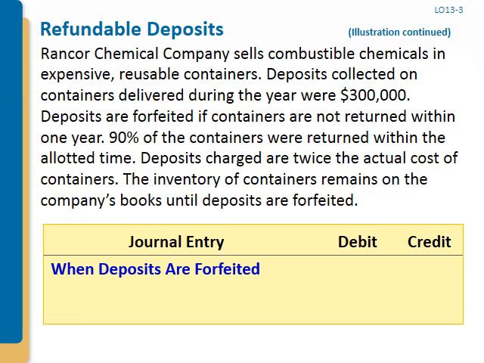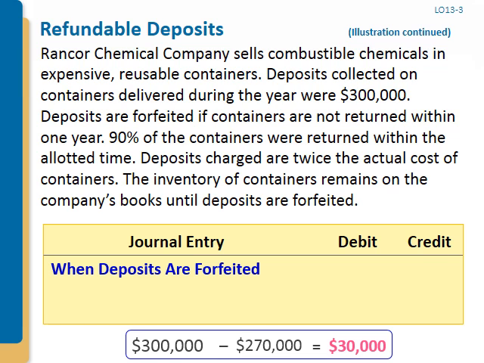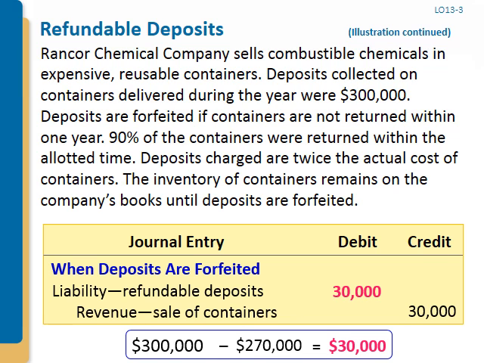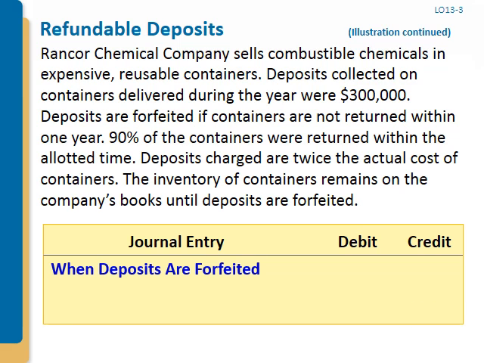Note that 10% of the customers did not return the containers. Consequently, revenue is credited for the remaining amount, which equals $30,000. As the deposits were charged twice the actual cost of containers, cost of goods sold is debited for the cost of $15,000 and inventory is decreased for the containers not returned.